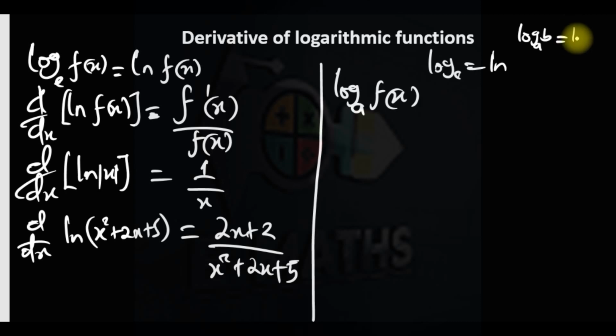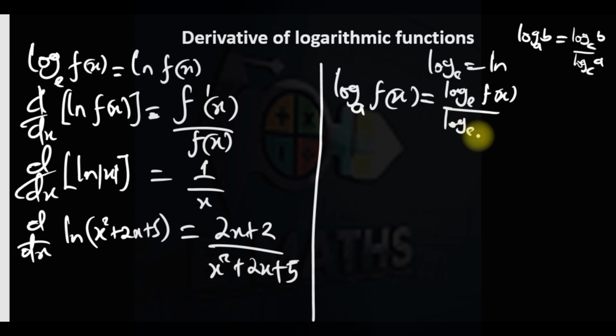You introduce your new base in both numerator and denominator. So we've changed this from base a to base c. Since I want it in base e, I have log e of f(x) over log e of a, which can be written as ln f(x) over ln a. Yes, they're the same.